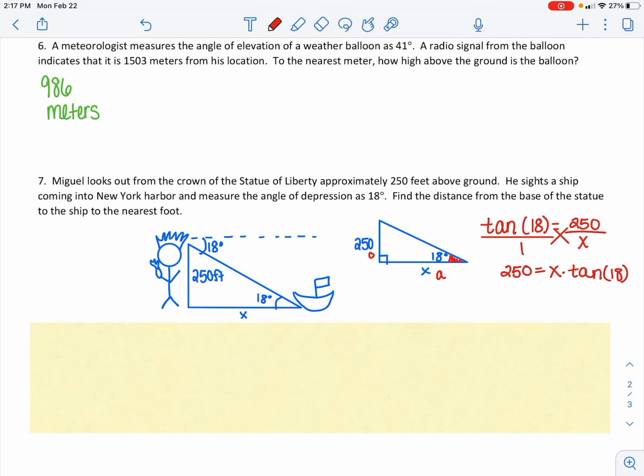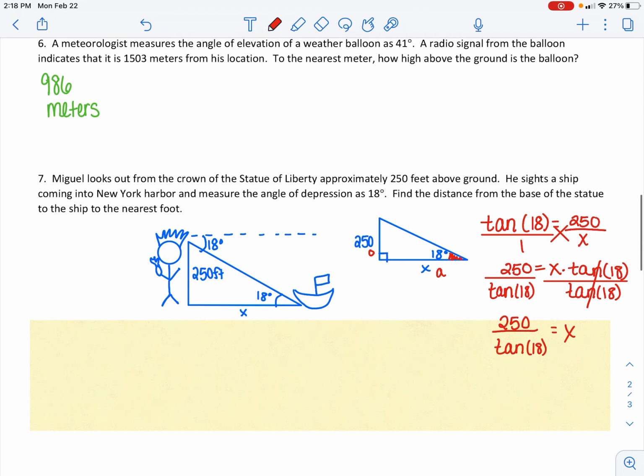So to get X by itself, we need to divide away that tangent of 18. And if we do that to get X by itself on that side, we have to do it on the other side as well. So we end up with 250 over the tangent of 18 equals X. So let's go ahead and do that math.